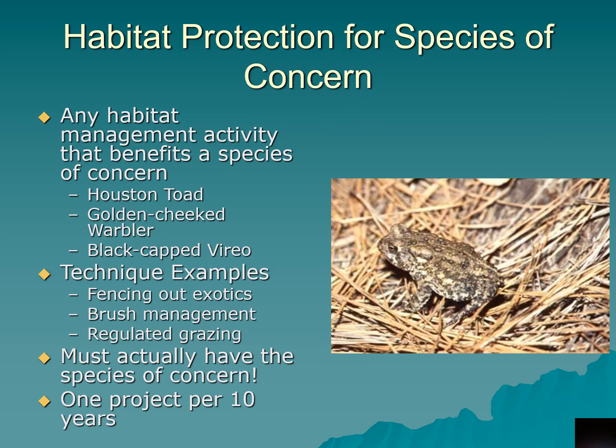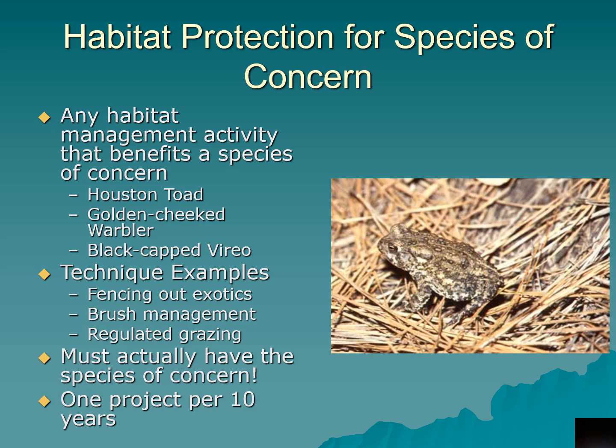Species of concern are defined in the comprehensive guidelines as endangered, threatened, or rare species. In portions of the lower post oak savanna and Lost Pines area of Texas, Houston toad would fall into this category. In the Edwards Plateau regions, golden-cheeked warbler and black-capped vireo would be examples. Within the comprehensive guidelines, there are multiple practices that may fall under management practices for species of concern, most of which overlap with other practices in the wildlife management plan.